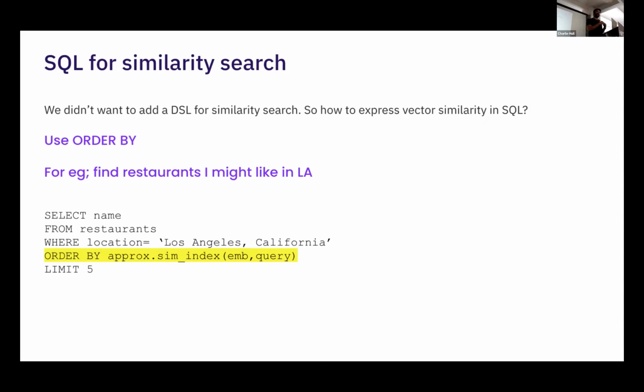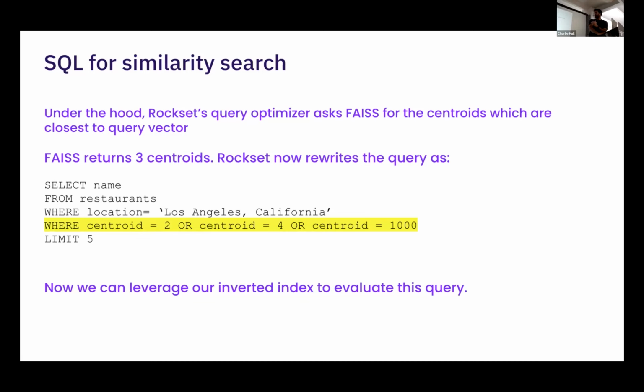Rockset sends this query vector to Faiss, and Faiss returns the centroids corresponding to it. It does not return just one centroid, but imagine it returns the 3 closest centroids to this query vector. Then we rewrite this query by replacing the order by statement with a filter on whether the centroid is 2 or centroid is 4 or centroid is 1000.